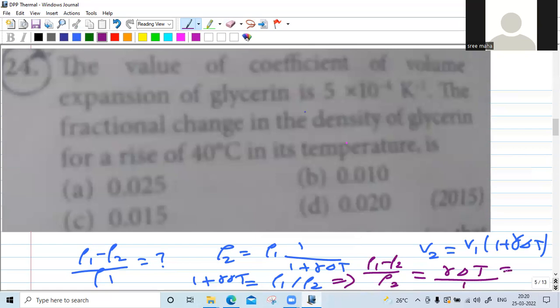So gamma is how much? 5 into 10 to the minus 4, and the temperature difference is 40. So 5 into 4 is 20 into 10 raised to minus 4. So it's 2.0 into 10 to the minus 3. Is this correct? Check the answer.